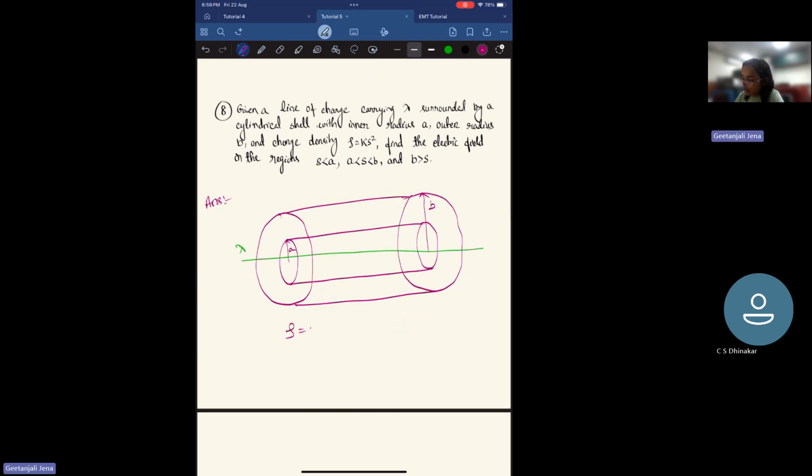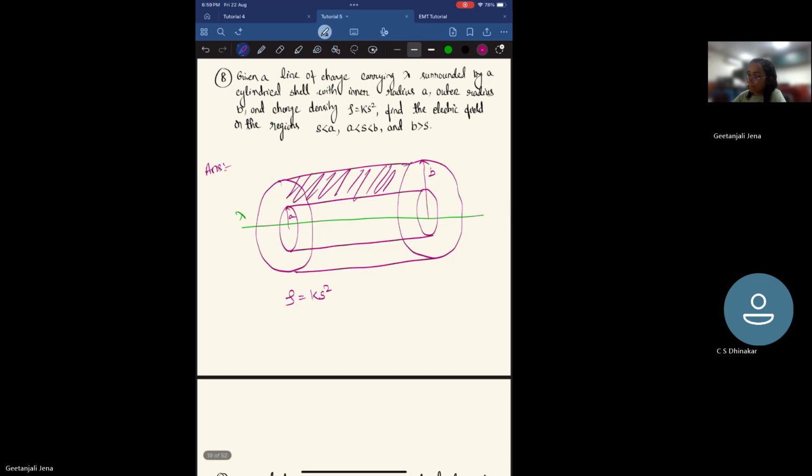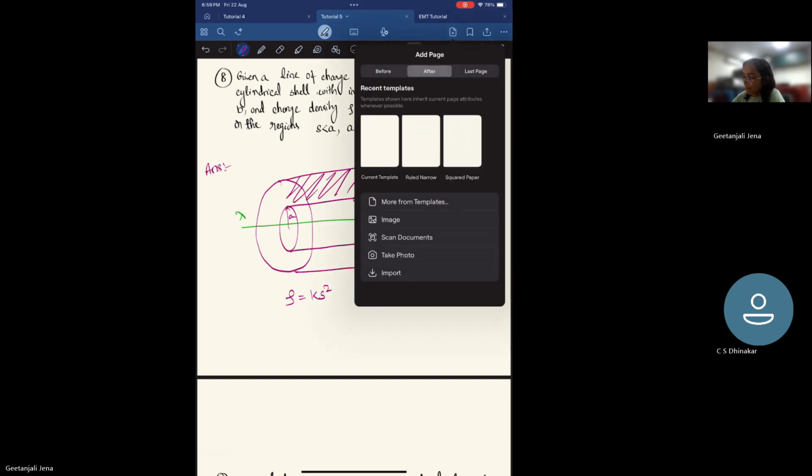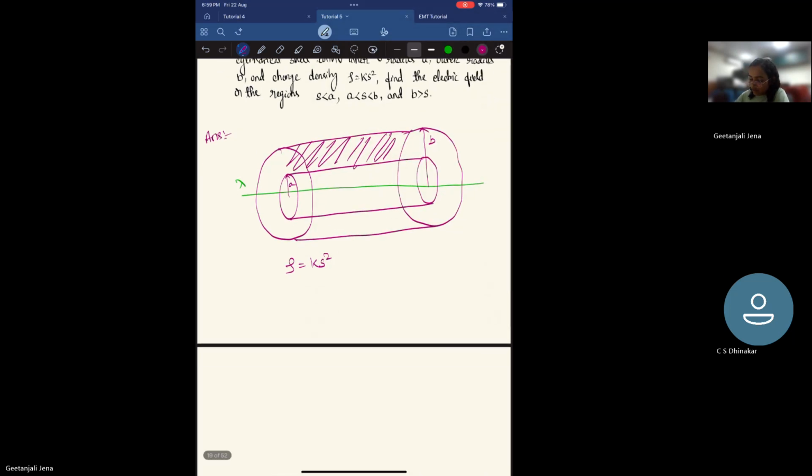Rho is given as K S square. It is a cylindrical cell, so it is filled inside this region. For a cylinder, the ds will be 2 pi S L, because the electric field is in this direction, so we take the area vector of the curved surface.